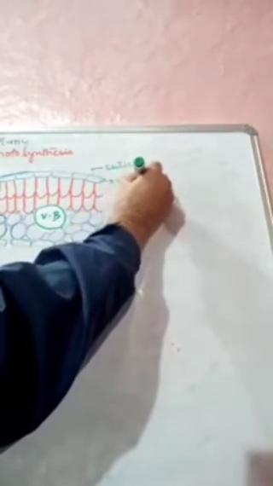So, what is this? If we label this, this is the cuticle. This is the upper epidermis. This whole structure is the mesophyll cells.